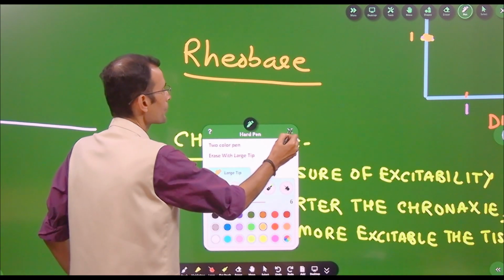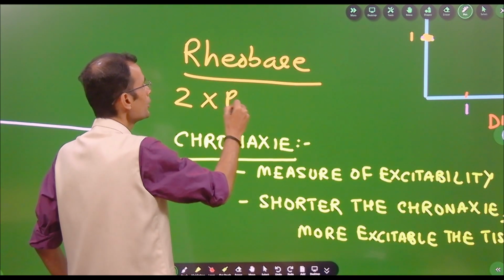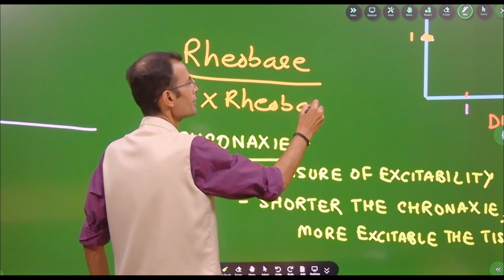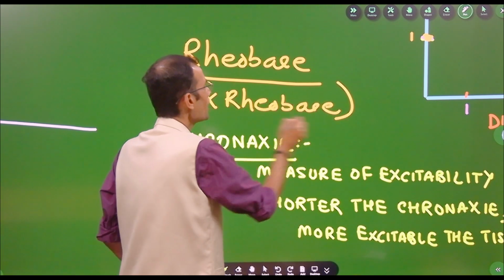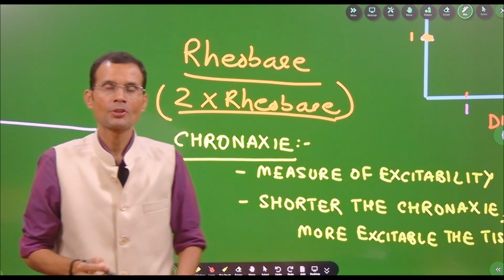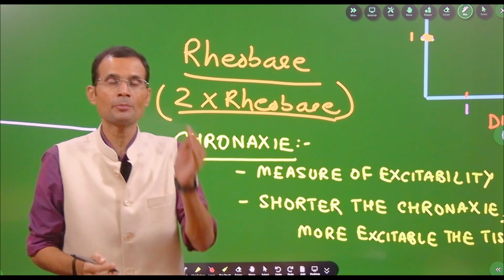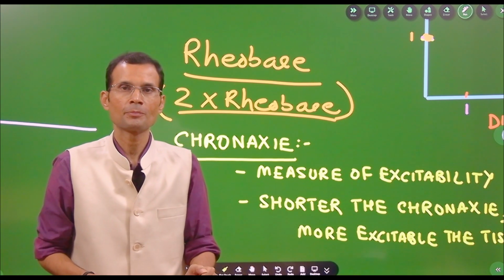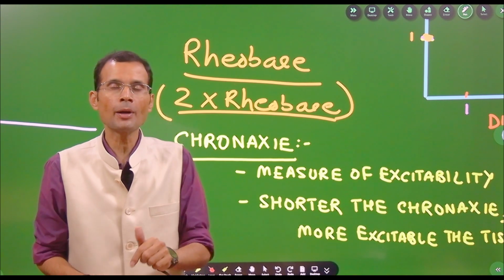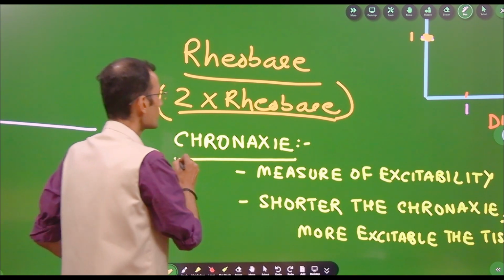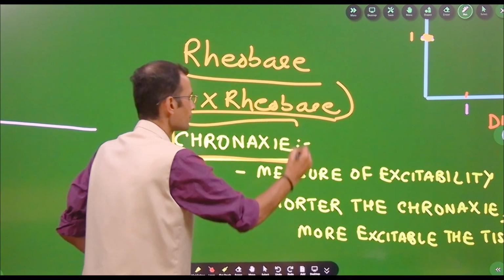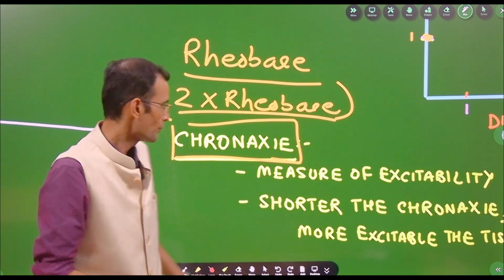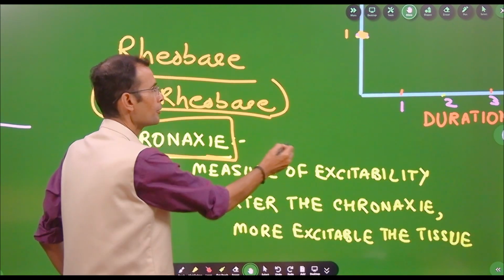So this time it's going to be 2 into rheobase strength stimulus. We will apply it to the tissue and we will see how much time the tissue takes to excite. And that time taken by the tissue to excite is called as chronaxie. Okay, so that is how the experiment is performed.